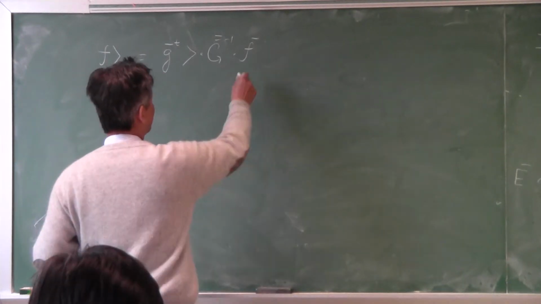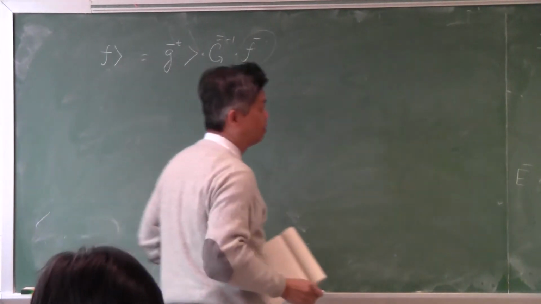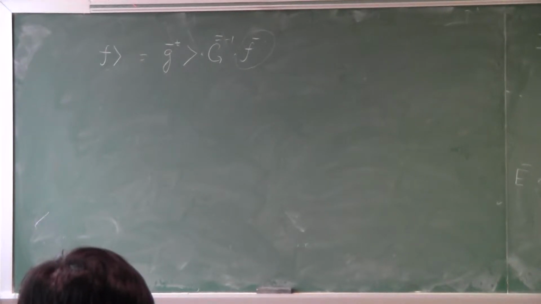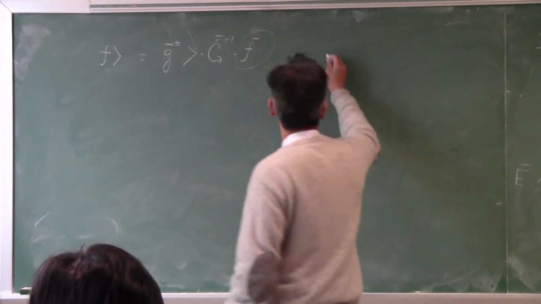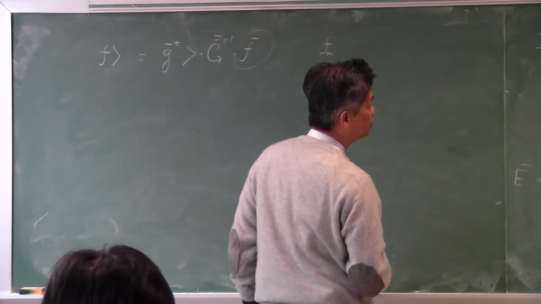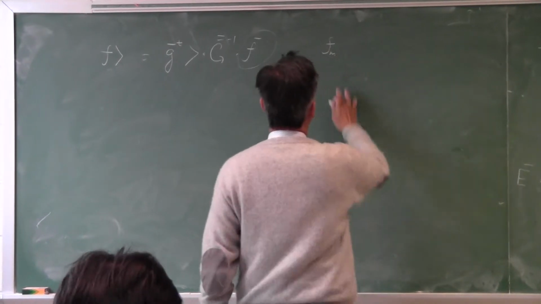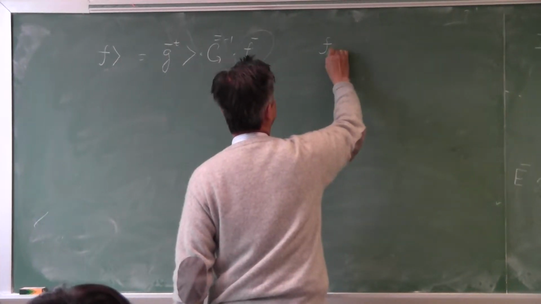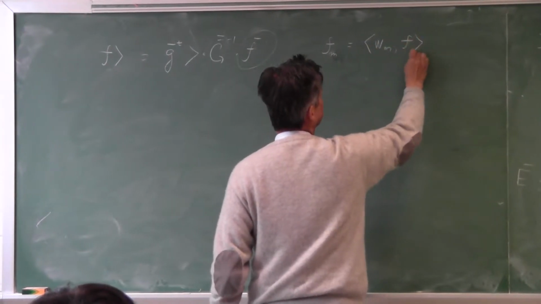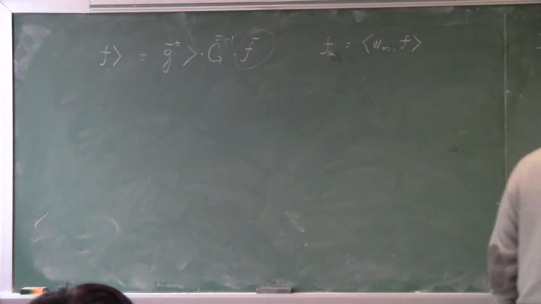But what is my column vector F? My column vector F is given by this notation over here. Okay, this column vector F, the n component of this, S_n, is essentially equal to this inner product with that.